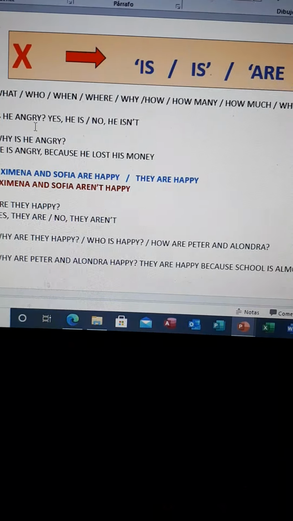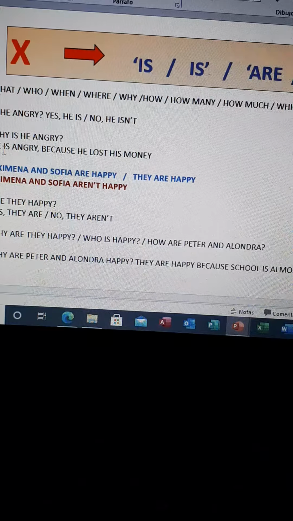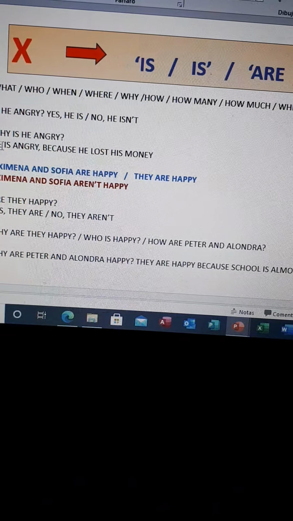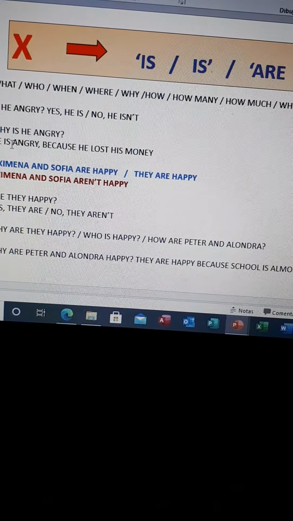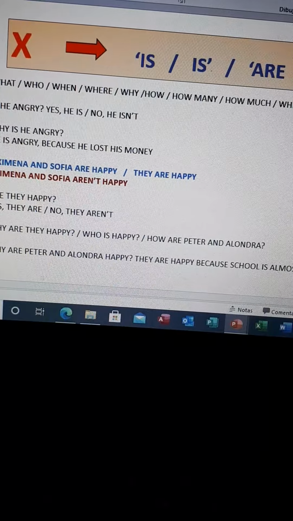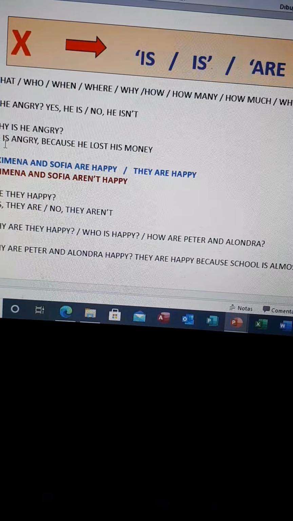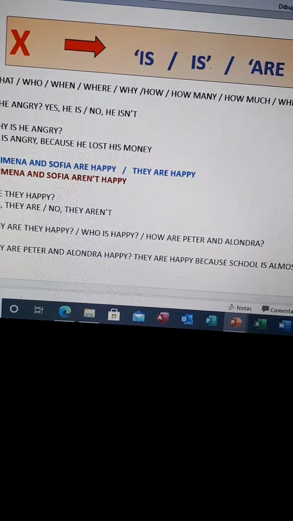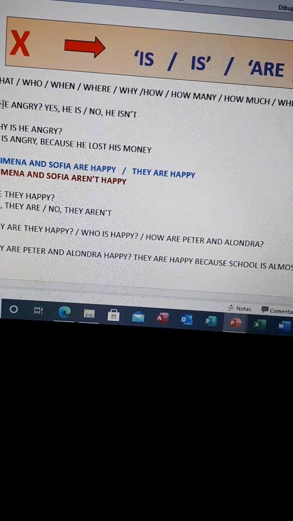So if the statement is he is angry, first the name or the pronoun, then the auxiliary, and then the complement, the question is going to be vice versa. First, second, third step, and the question is going to be second, first. I mean, first is the auxiliary, then the pronoun or name, and then the complement, okay?